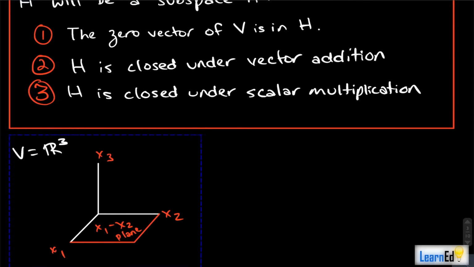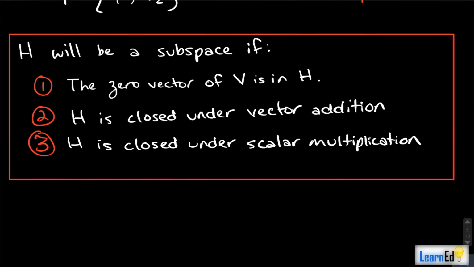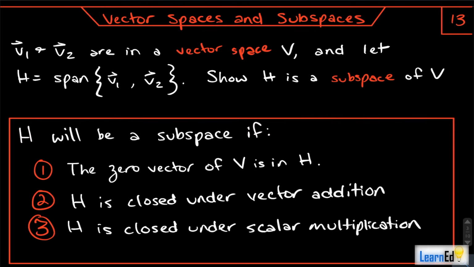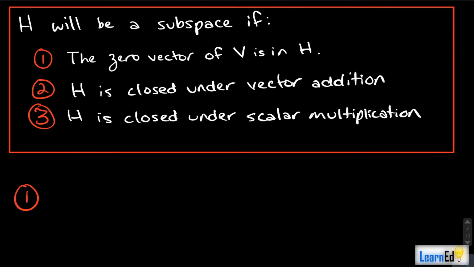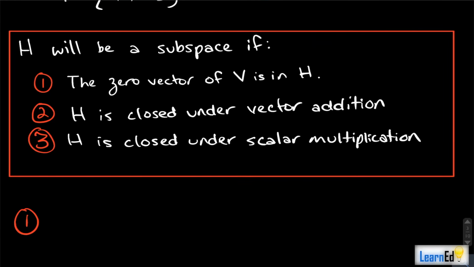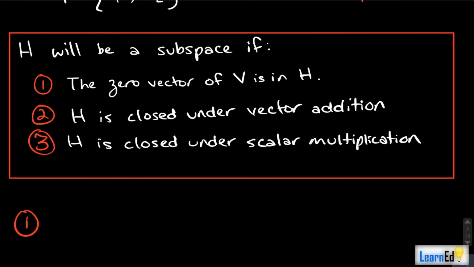So, with that being said, we're able to move on to our actual problem, which is to show that H is a subspace of V, where H is the span of v1 and v2. So let's start off with our first criteria, which is that the zero vector of V is in H. Well, we can figure that out pretty simply because we can just multiply 0 times both vectors.